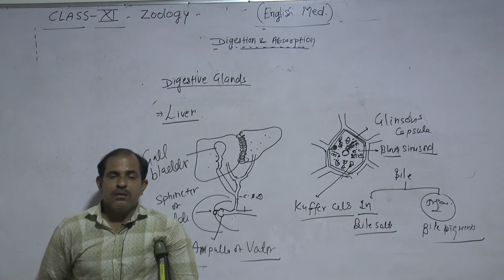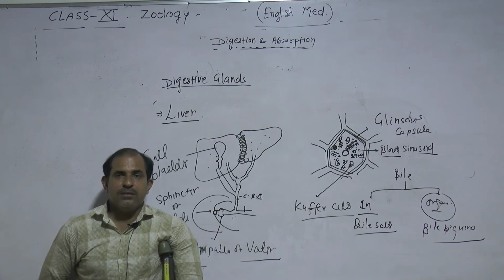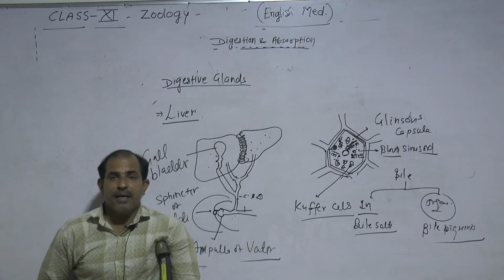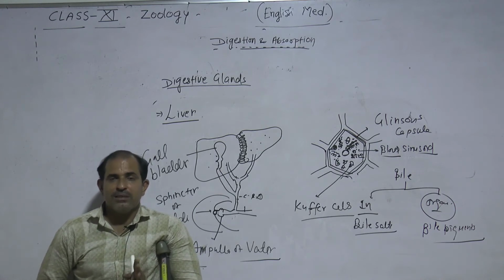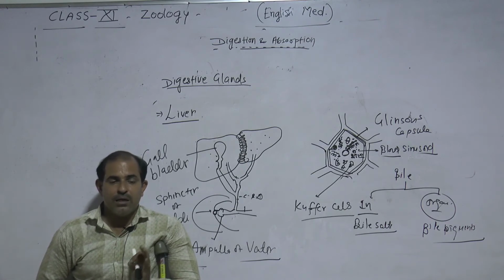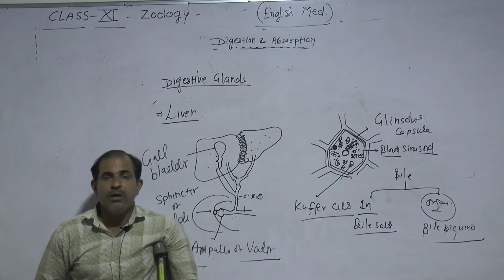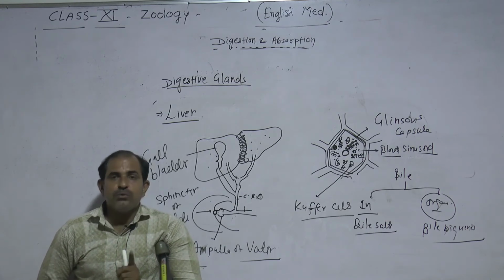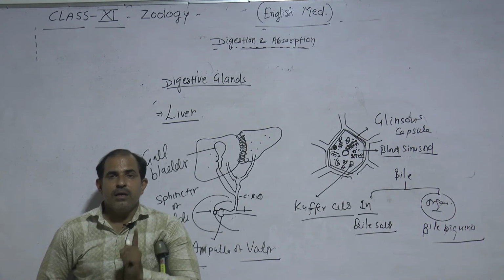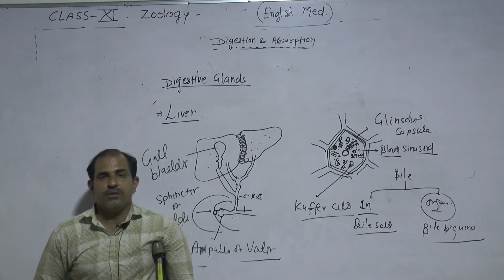All the juices such as saliva, gastric juice, pancreatic juice, intestinal juice, all the juices which are secreted by digestive glands contain enzymes which are responsible for the process of digestion. But bile juice is the only juice in which enzymes are absent.